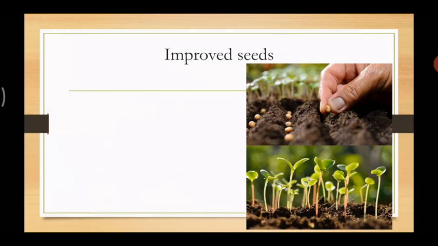They are available for every crop, such as jowar, rice, groundnut, wheat, etc. And they give you a high yield. They give you good crops. They resist pest attacks. That means they fight against different diseases.